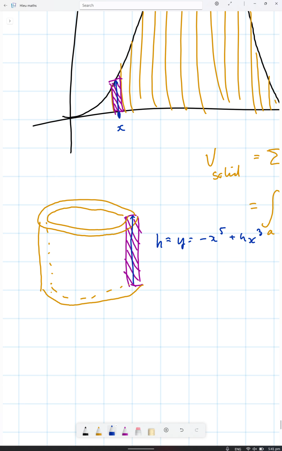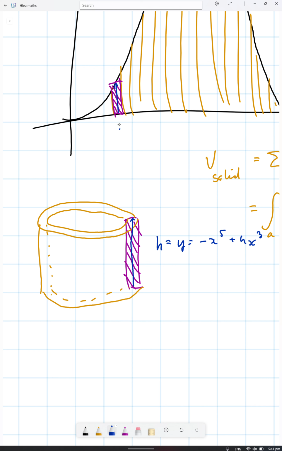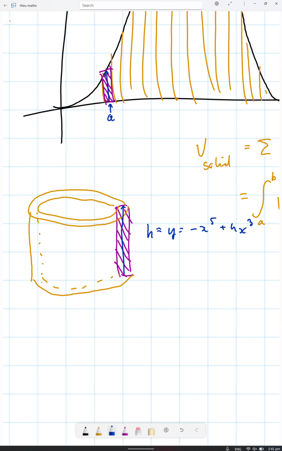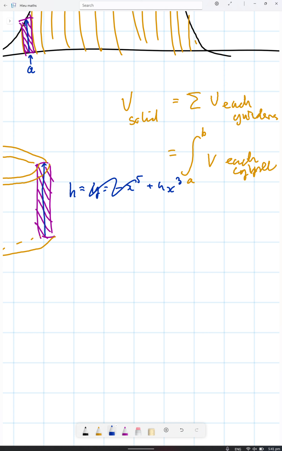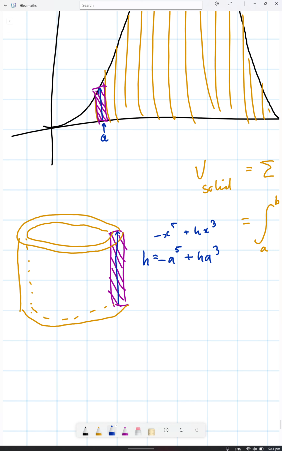So if instead of point x, let's say this is point a, then the height would just be equal to minus a to the 5 plus 4a cubed, right? Because the original equation was minus x to the 5 plus 4x cubed. So you just put whatever the point is.